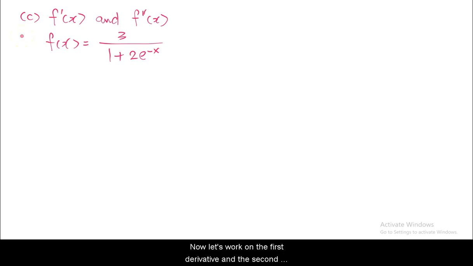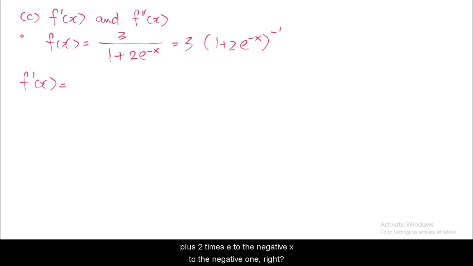Now let's work on the first derivative and the second derivative of function f. Starting with the first derivative, we see it as 3 times 1 plus 2 times e to the negative x to the negative 1.